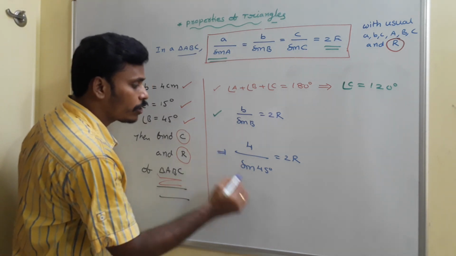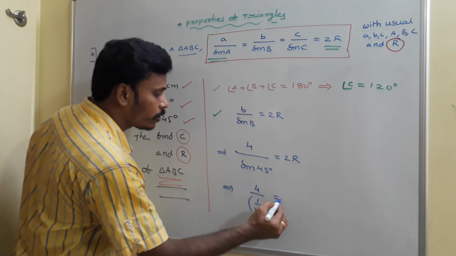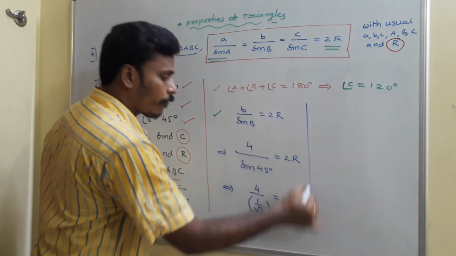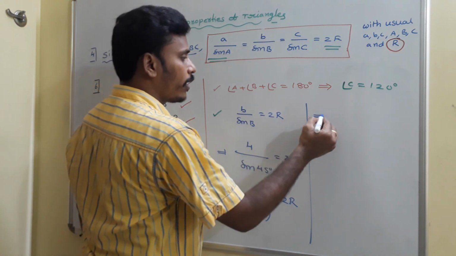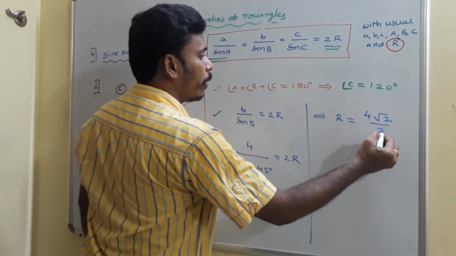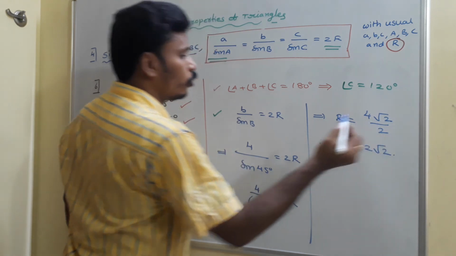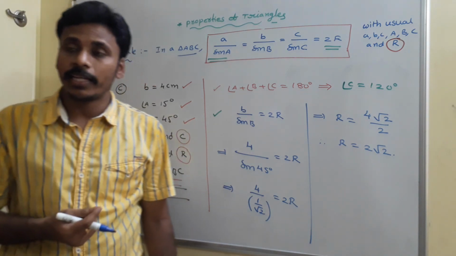So you just write it like that, 4 divided by 1 by root 2 is equal to 2r. Is it clear? Then from there, send this root 2 to that side and 2 to this side, and you will get r is equal to 4 root 2 divided by 2, and therefore r is equal to 2 root 2. So the circumradius of that particular triangle is 2 root 2.